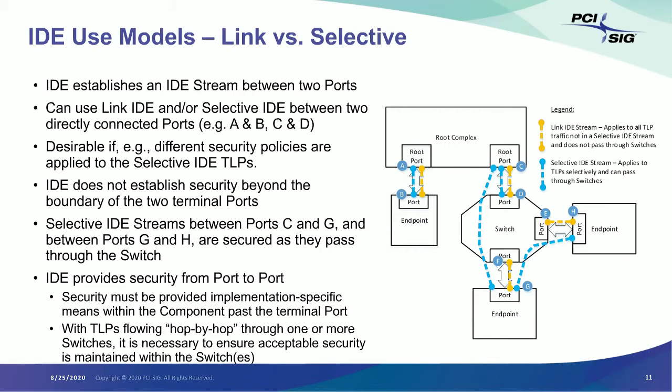At some level, you do have to trust the implementation of the component. And so, from a scope perspective, it's more reasonable to simply make the assertion that we're going to protect the TLPs from port to port, which can include 2 ports that are separated by a switch if you're using selective IDE.